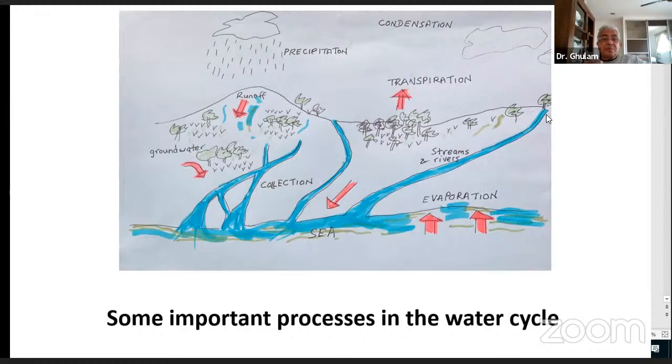Sometimes there's runoff from the land, and sometimes when the soil is suitable, it goes into the soil and becomes groundwater. But finally, it will collect in the main river and run right into the sea. And then the cycle goes on again with evaporation, transpiration, and so forth.